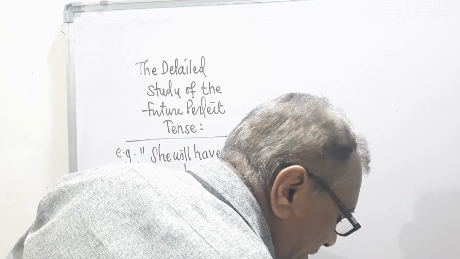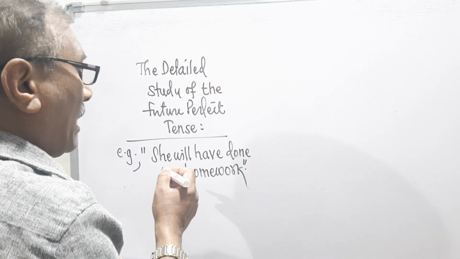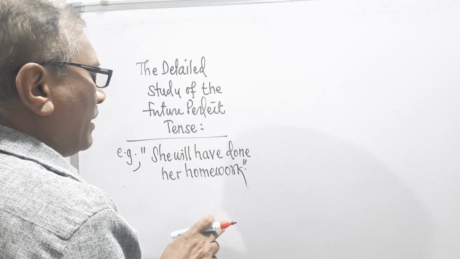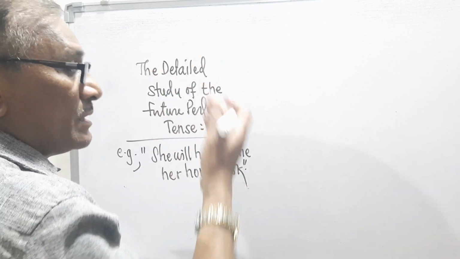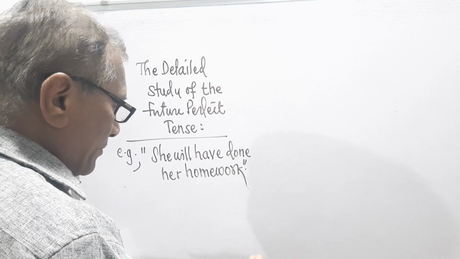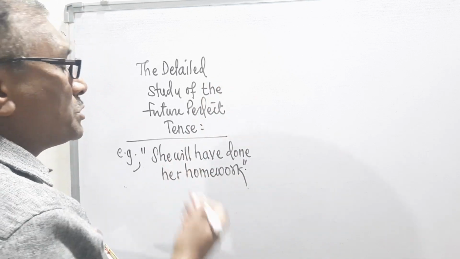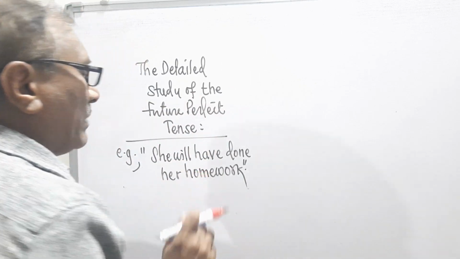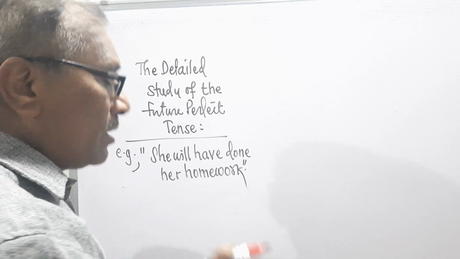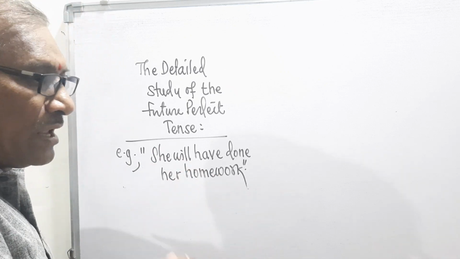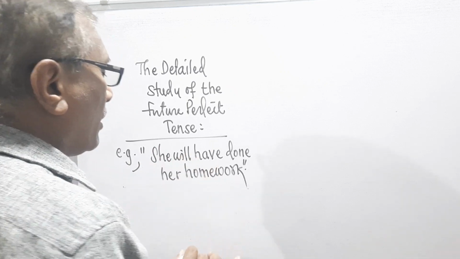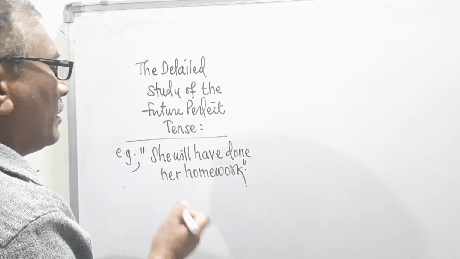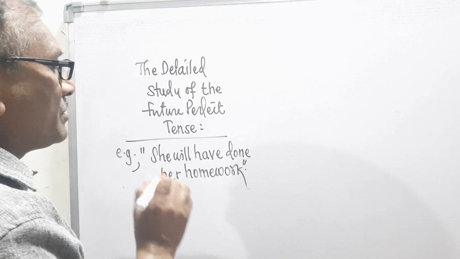It means that she has completed her homework in the future days, means in the future times she will have completed her homework. Will have completed her homework means the action of completing the homework will have been done by her. That is called here the perfect future.